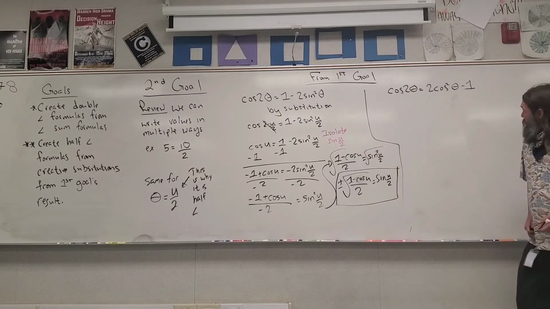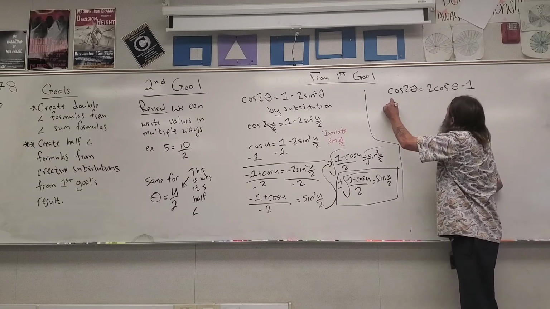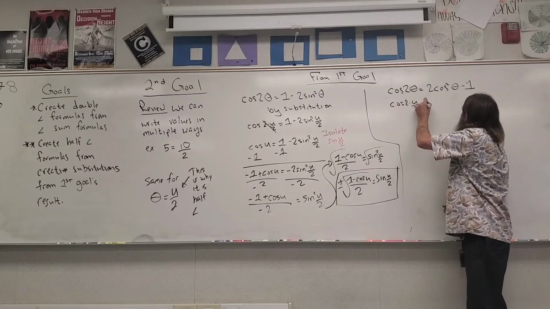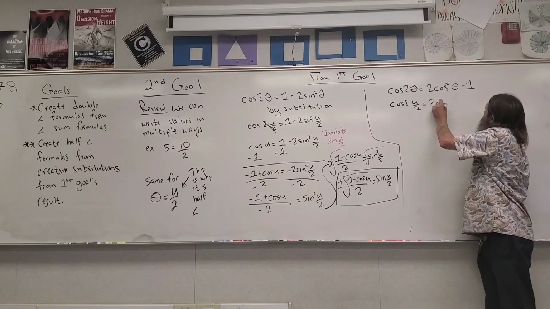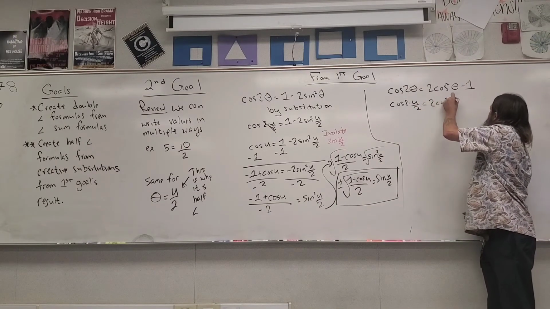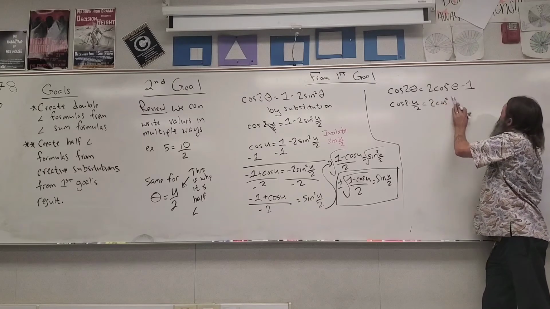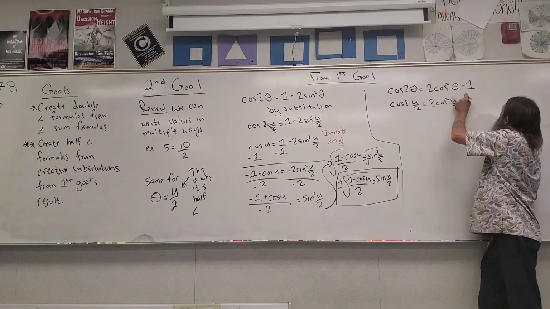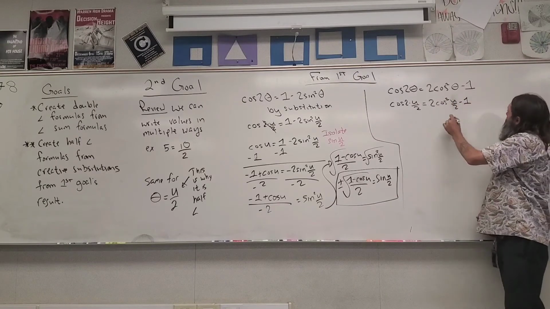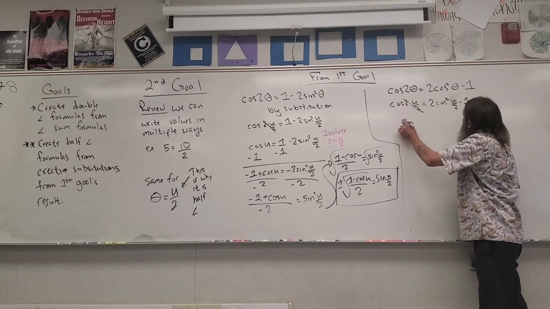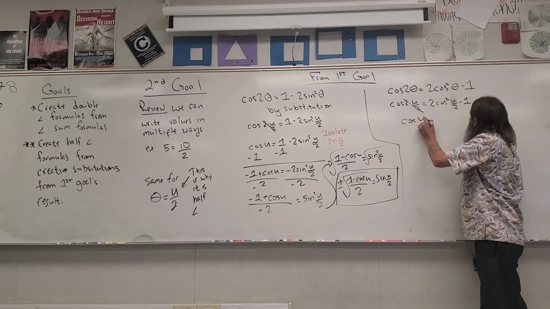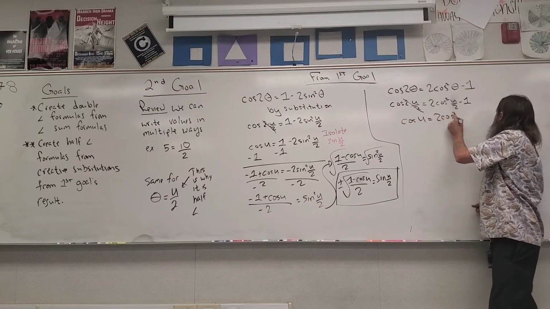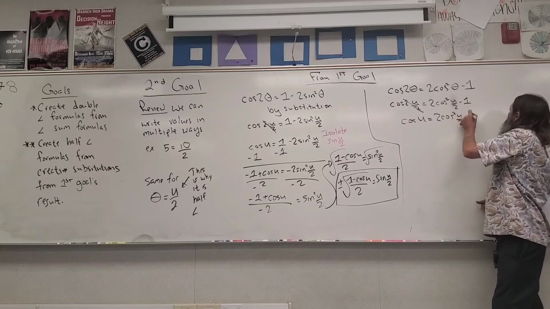Again, we do a substitution, so we get cosine of 2 times u over 2 equals 2 cosine squared of u over 2 minus 1. All right. Those cancel. I'm now left with cosine of u equals 2 cosine squared of u over 2 minus 1.